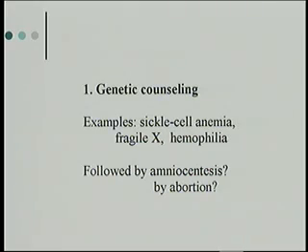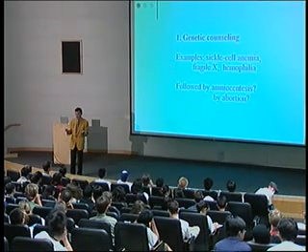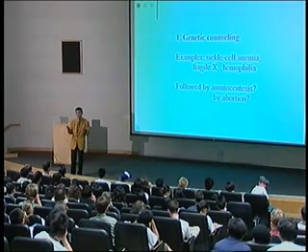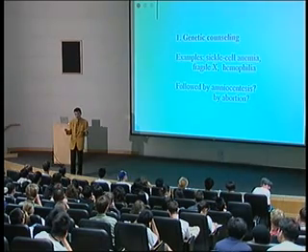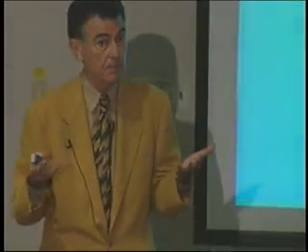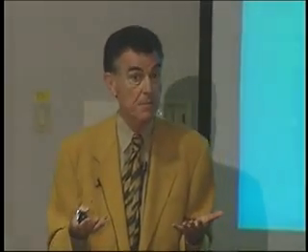First, genetic counseling, and I already gave you an example of a mutation that causes a severe genetic disease, sickle cell anemia. Sickle cell anemia is relatively frequent in certain human populations. In the United States, the frequency of the gene that causes sickle cell anemia is not very high, considerably less than 1% or so.